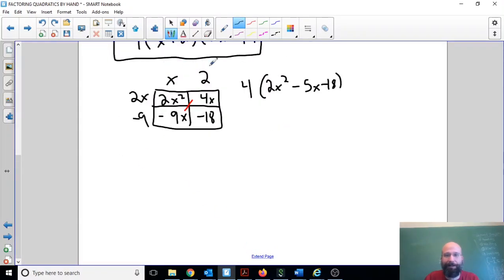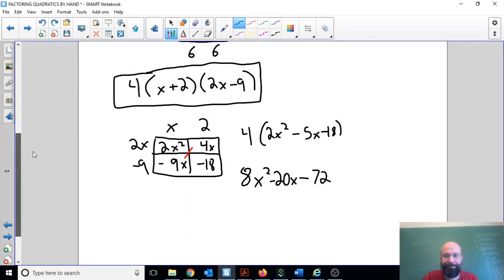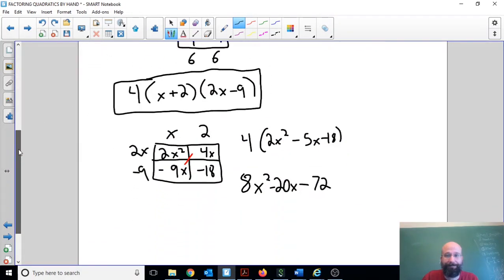And now I need to multiply the 4 to everything inside. I have 8x squared minus 20x minus 72. And I'm going to check this with the very original problem, and it's the same, so I know I did it right.